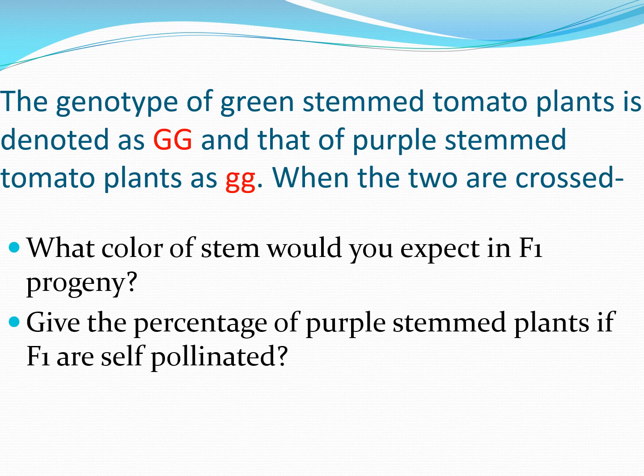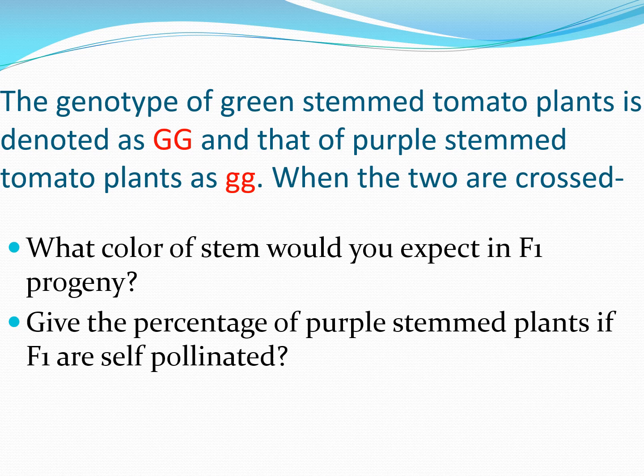So here when we cross the pure parents capital G and small g, in F1 we are going to get capital G, small g. So when you self-pollinate F1 with F1, means capital G, small g crossed with capital G, small g, you are going to get 4 offsprings. One is capital G, capital G, that is homozygous dominant green. Then you will get 2 capital G, small g, they are heterozygous but dominant green only.